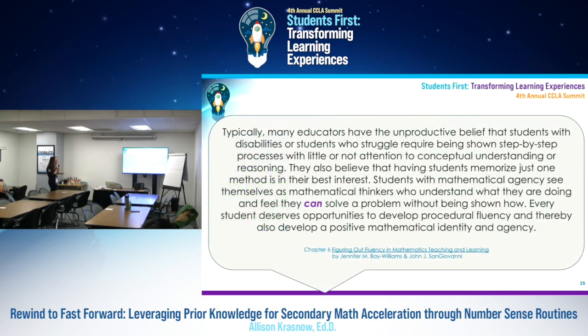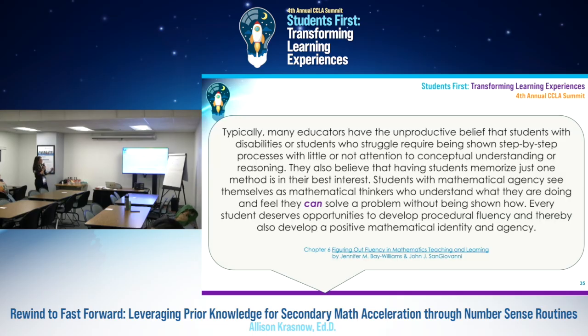And finally, this quote is also from the book Figuring Out Fluency, and I really love it as a closure. Typically, many educators have the unproductive belief that students with disabilities or students who struggle require being shown step-by-step processes with little or no attention to conceptual understanding or reasoning.